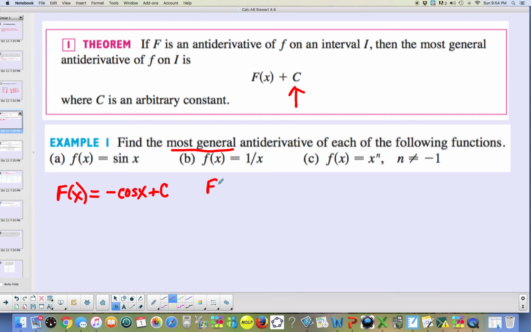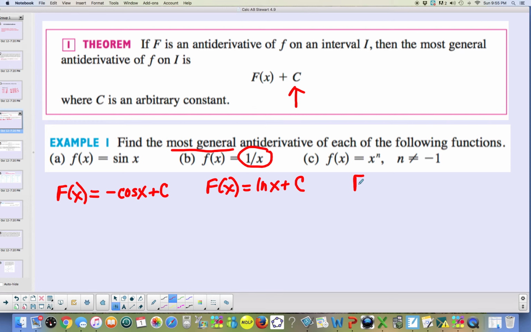For this particular one, I have to think of what function, when I take its derivative, will be 1 over x, and that'll be natural log of x. Now that's a particular one, so if I put plus c, then I can choose any type of function with a natural log in it and a constant, and its derivative will yield 1 over x.